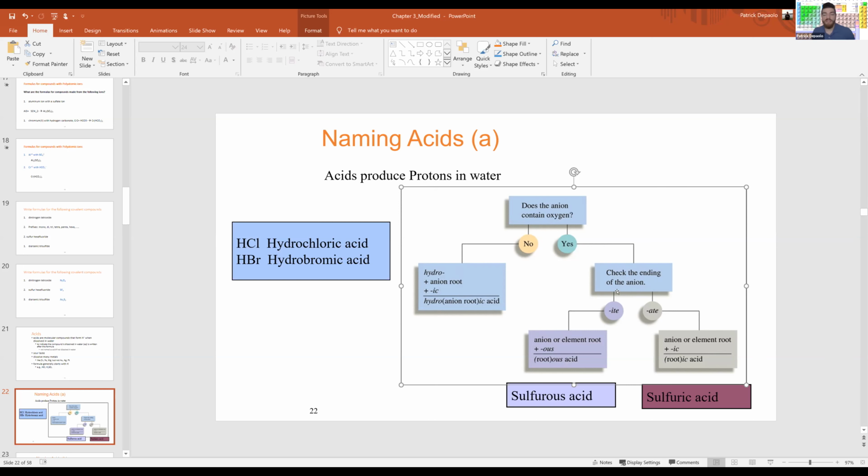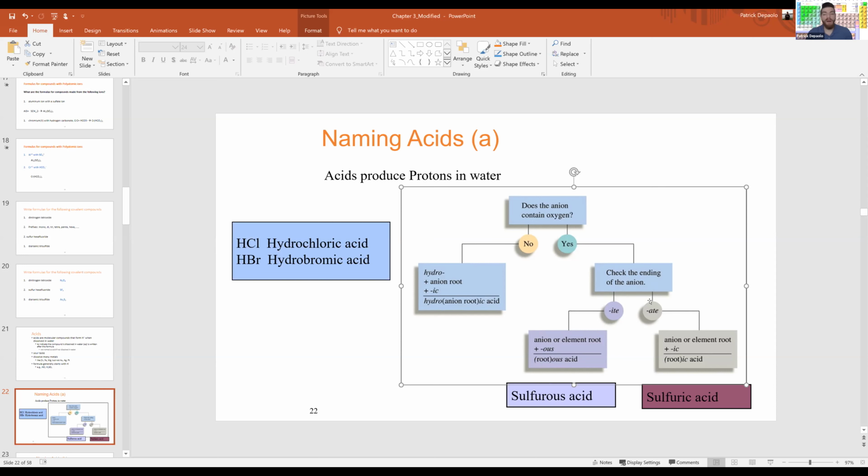So you have things like sulfite, nitrite, chlorite, or hypochlorite. If you have an ITE ending, you get rid of that ITE ending. The ITE turns into OUS, and it turns into the root. If it's sulfite, it would be sulfurous. So it's kind of weird, but it'd be sulfurous acid. If it was nitrite, it would be nitrous acid.